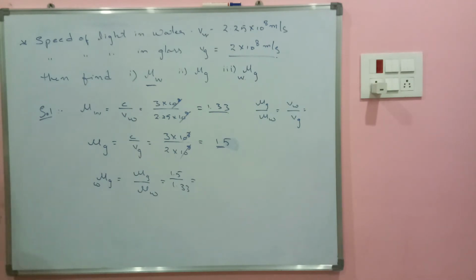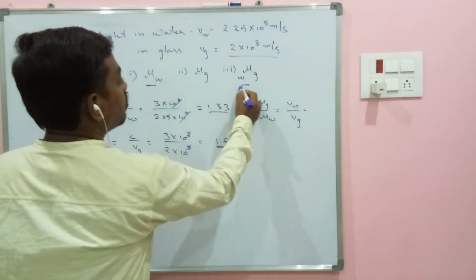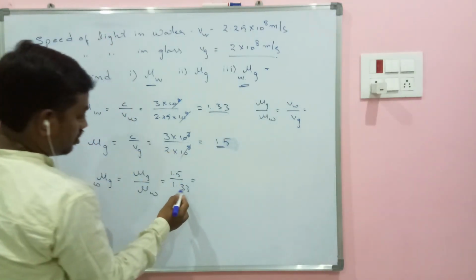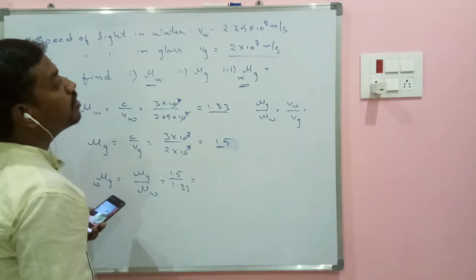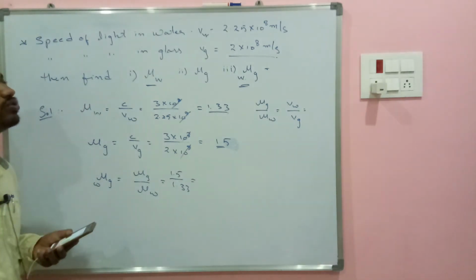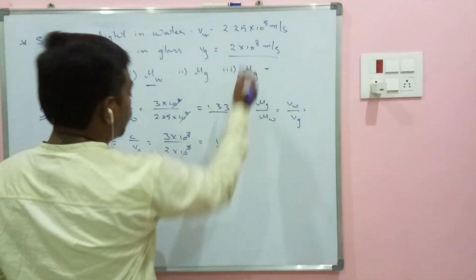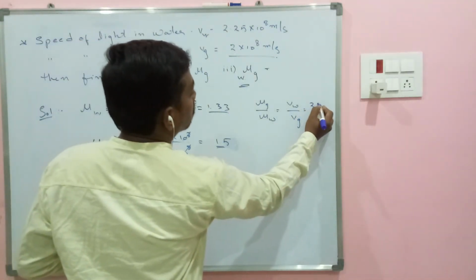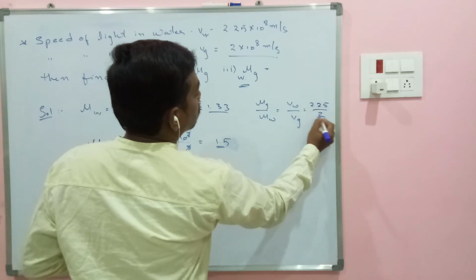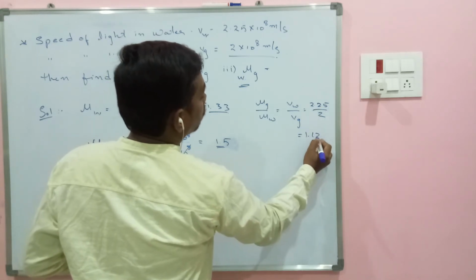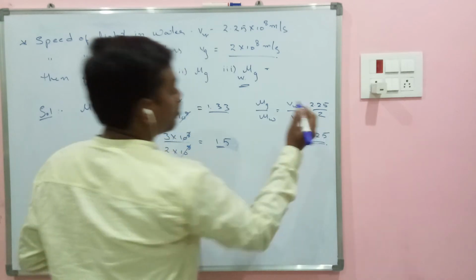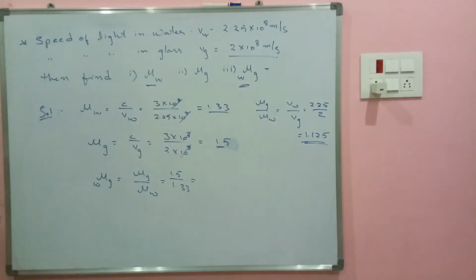So if you simplify, this value will be around 1.125. This is the question. Did you understand the problem?